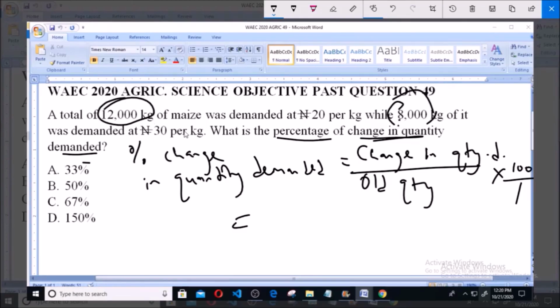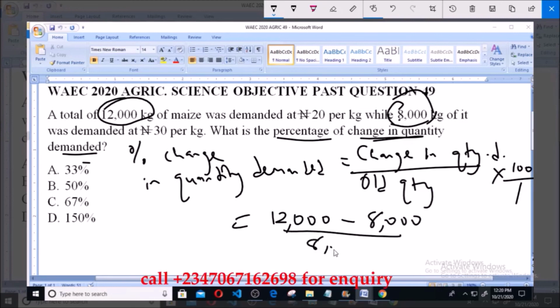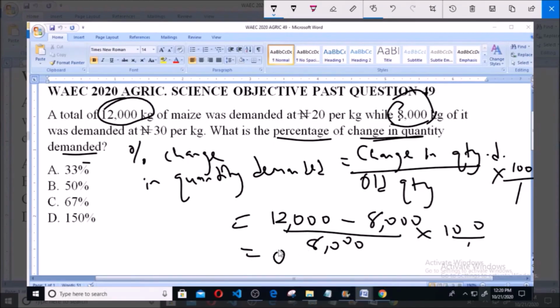So in this case, that is 12,000 minus 8,000 divided by the old quantity, which is 8,000, times 100 over 1. Completing this will give you 0.5 times 100. 0.5 times 100 is 50, so that is 50%. 50% is option B. So option B is the correct answer to this question.